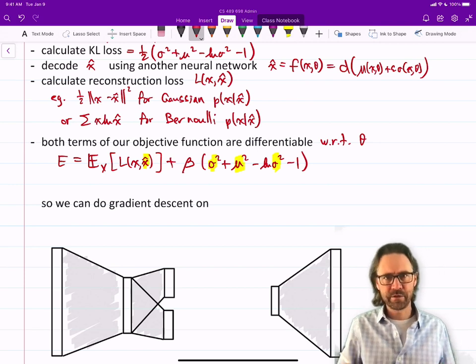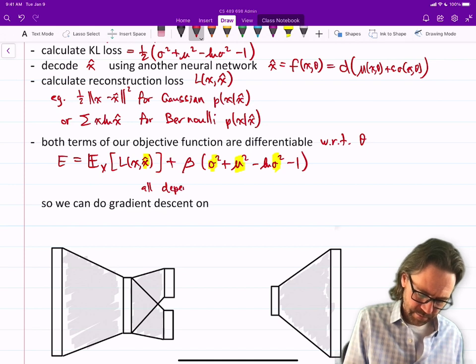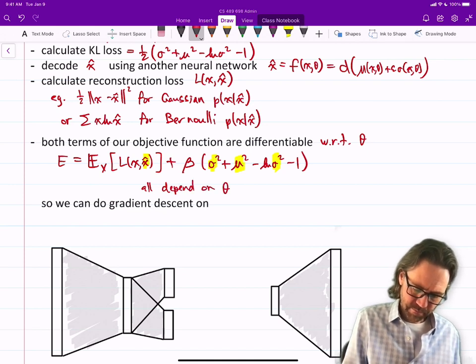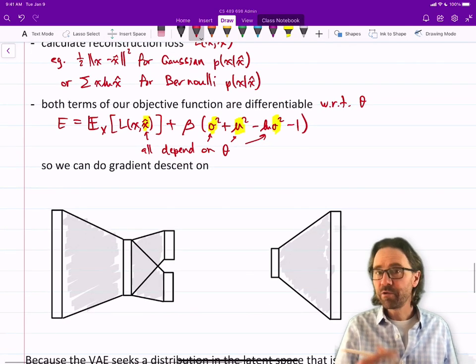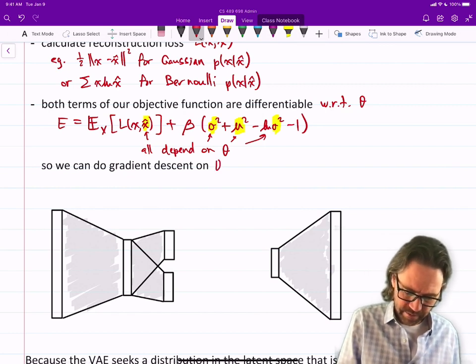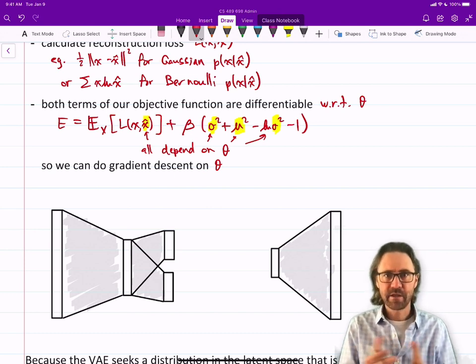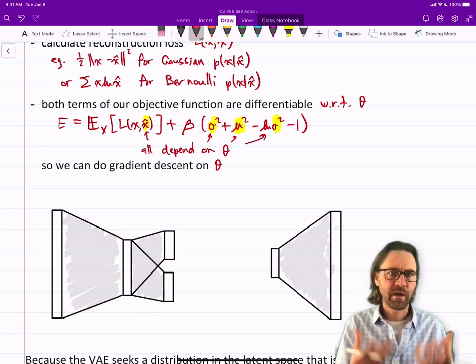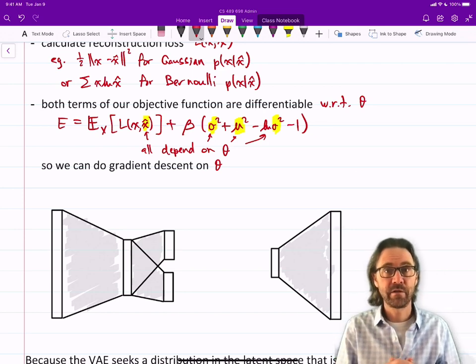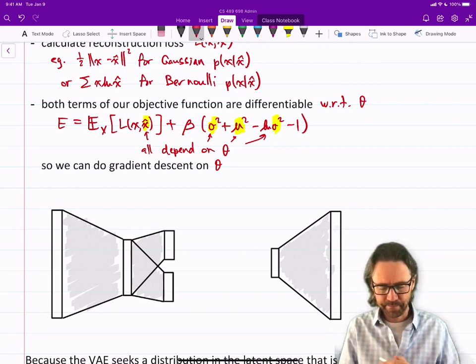They're all computed using neural networks. So we can do gradient descent on theta. We can minimize that objective function with respect to changes in theta, our network parameters, the weights and biases in the encoder and the decoder.